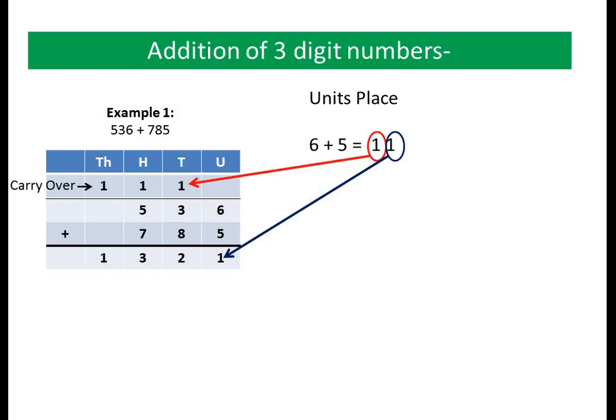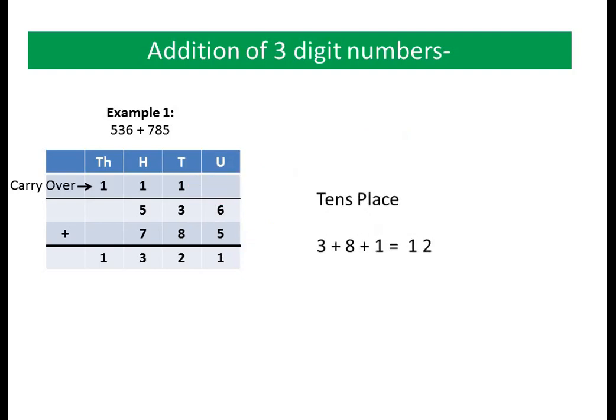Now add the digits in tens place, that is 3 plus 8, and then add 1 which was carried over from units place. So 3 plus 8 plus 1 is equal to 12. Write 2 in tens place and 1 is carried over to hundreds place.